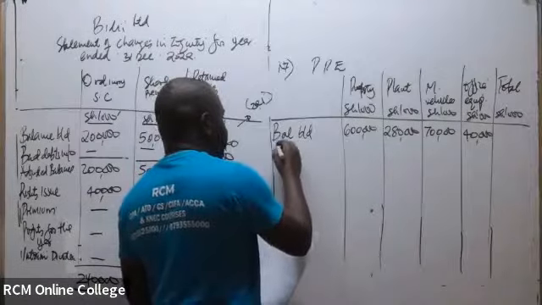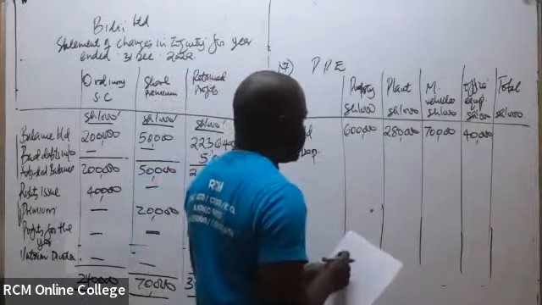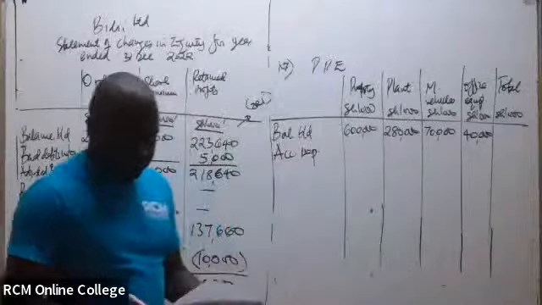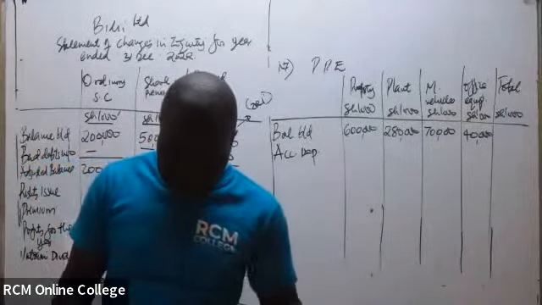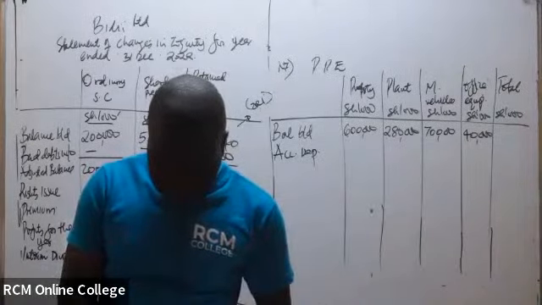Less the accumulated depreciation. Accumulated depreciation, in this case for property, plant, and equipment, I think it is 80 million.